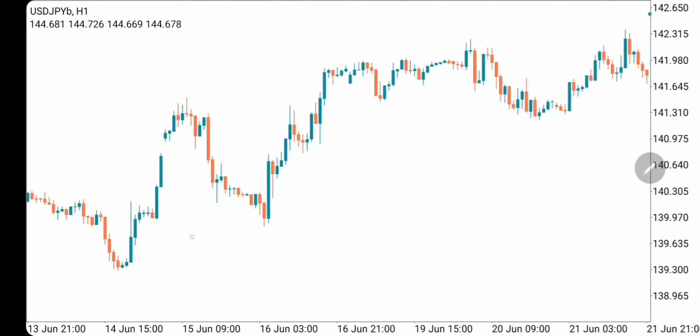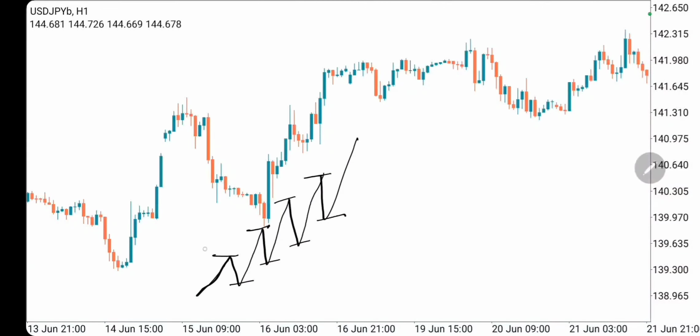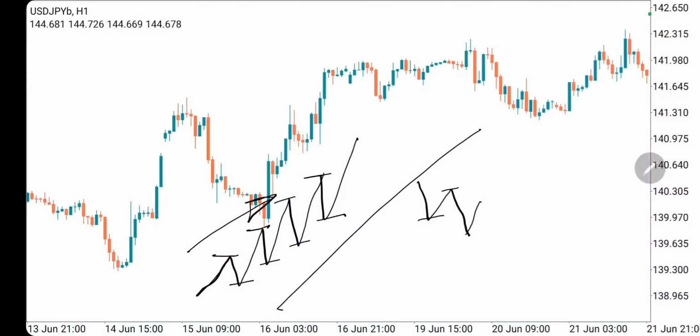Now, for a bullish market structure, the market is making higher highs and higher lows in this fashion. So this is the higher high, higher low, higher high, higher low. This is a bullish market structure. But for a bearish market structure, the market is making lower lows and lower highs, lower low, lower high.